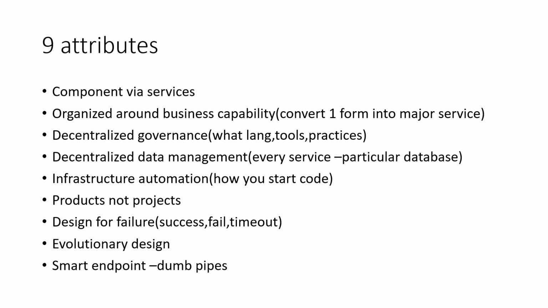Next is decentralized data management. Every service has its own particular database. Now what is decentralized data management? Let's understand. If we are working on three particular services, as I have told you, the first one is validation, the second one is processing, and the third one is the third party, that is the PayPal payment service. In previous years, what was happening was that we had three services together.